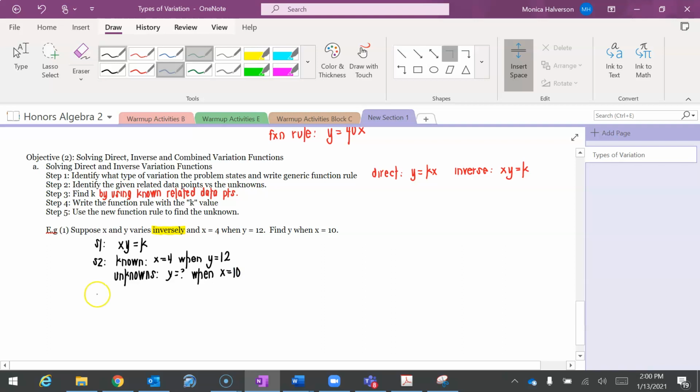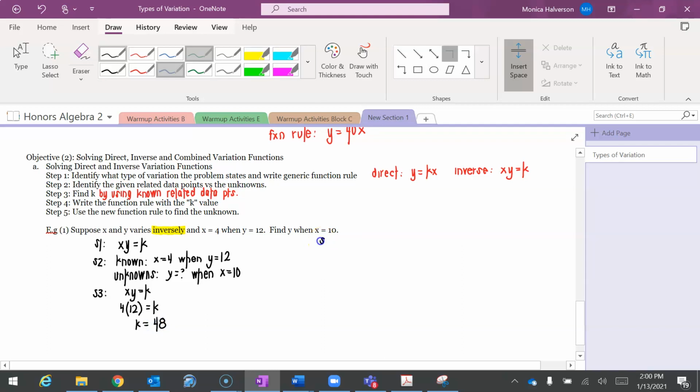Now that we've identified that, we're going to use the knowns to find k. So we have xy equals k, and we know x equals 4 when y equals 12. So we know k equals 48.